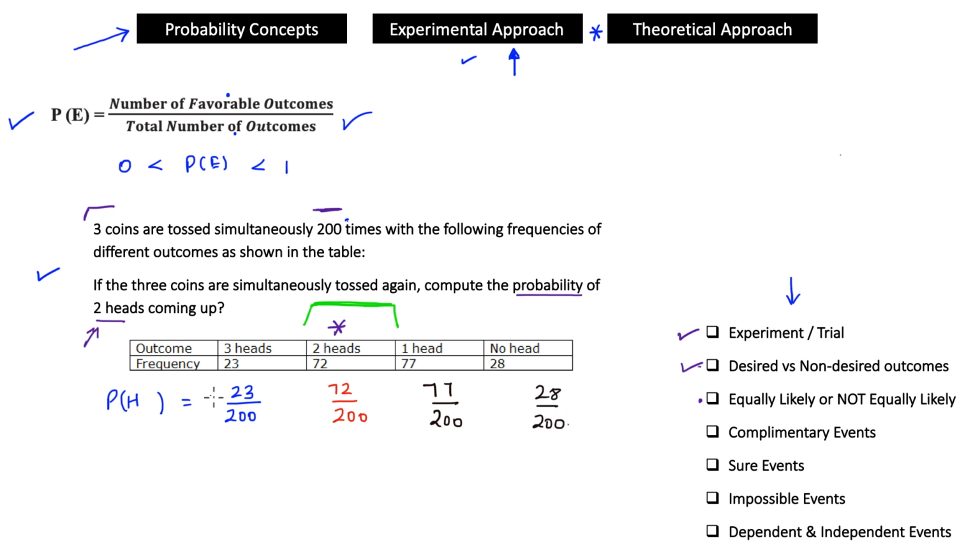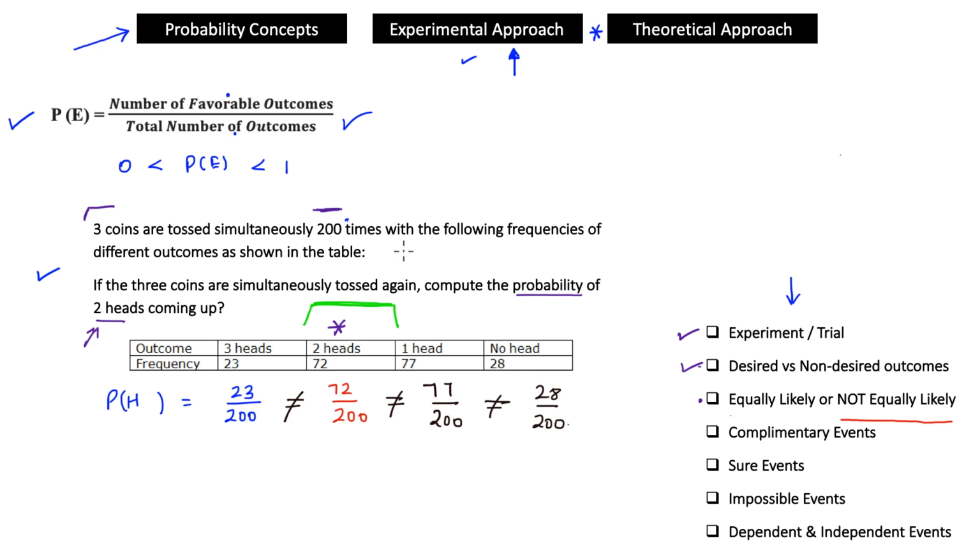Okay. Now you see all these outcomes have very different probabilities because 23 over 200 is not the same as any of these events, right? The probability of happening of all of these events is not equally likely, right? If we would have found, based on this experiment, that each one of those events happened an equal number of times, then we could have categorized them as equally likely.